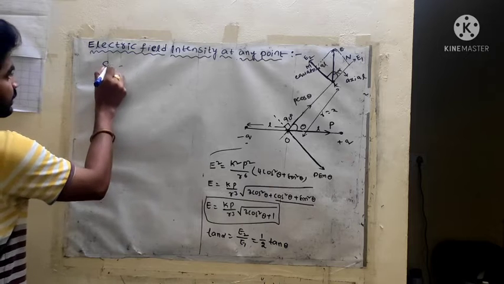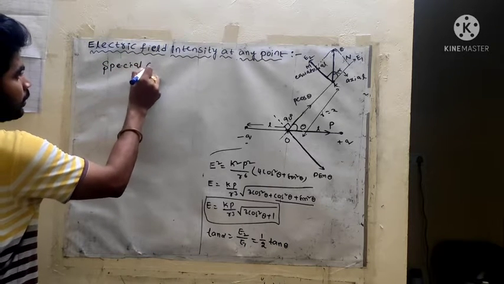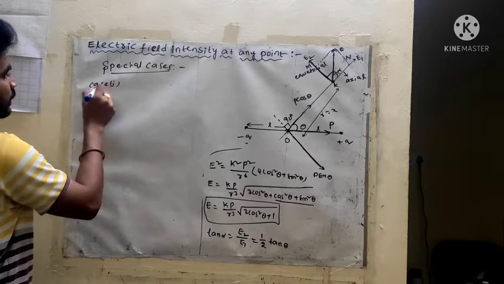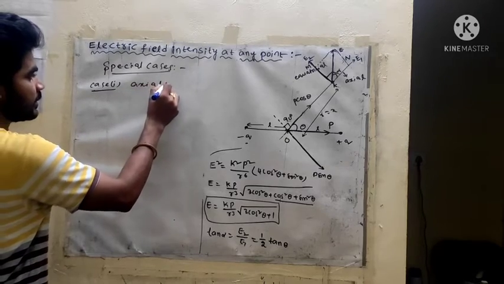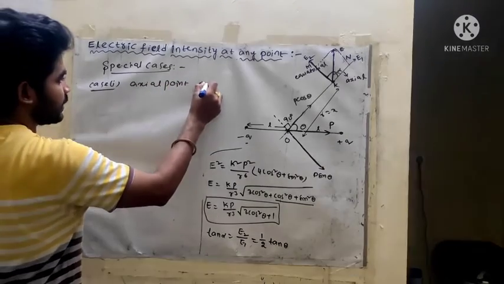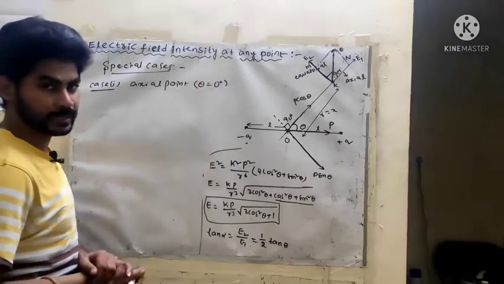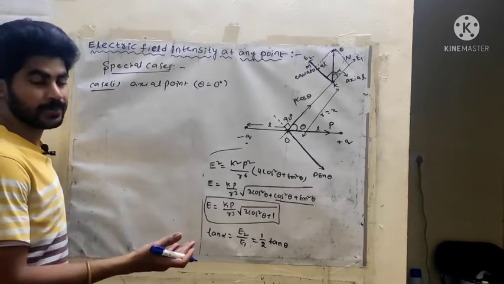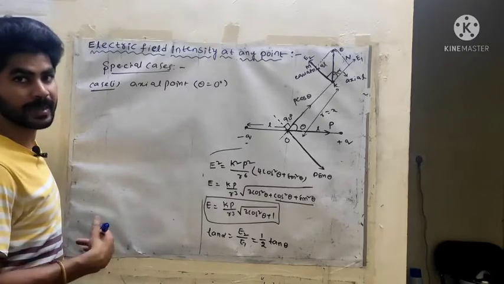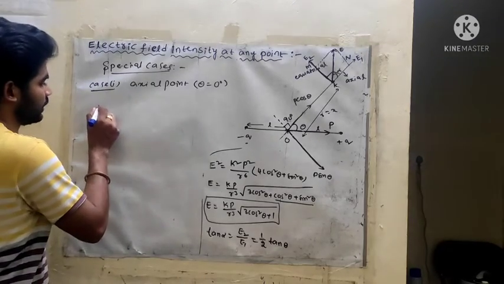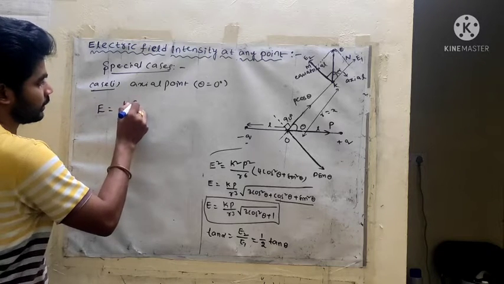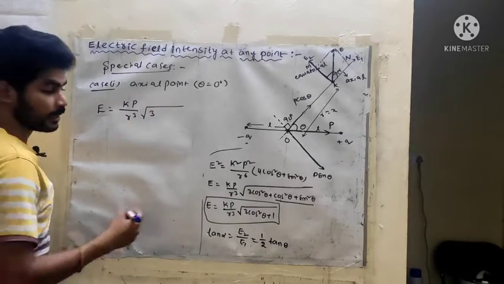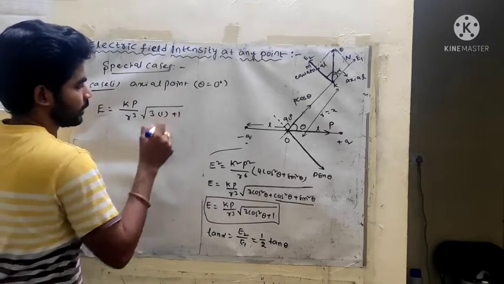Special cases. Case 1: first we discuss the axial point. I already told you, the angle at the axial point is 0 degrees. Theta is equal to 0 because the electric field lines are in the same direction, parallel. So E is equal to k into p by r cube into root over 3 cos square 0, which is 1, plus 1.